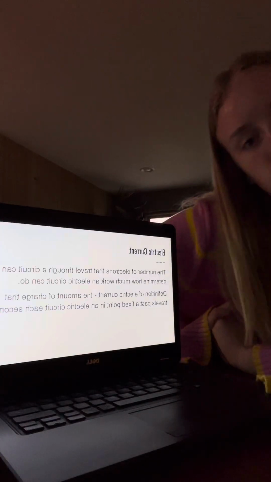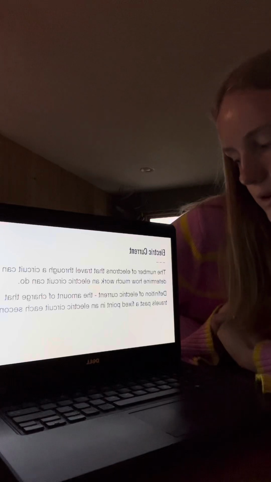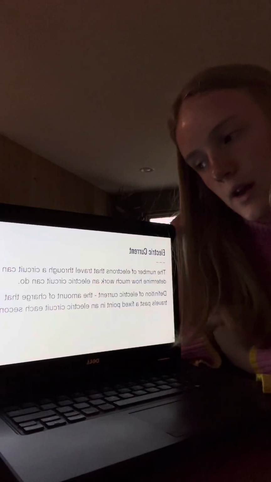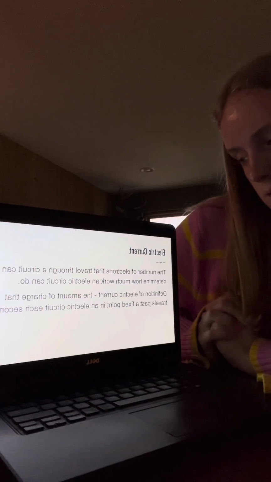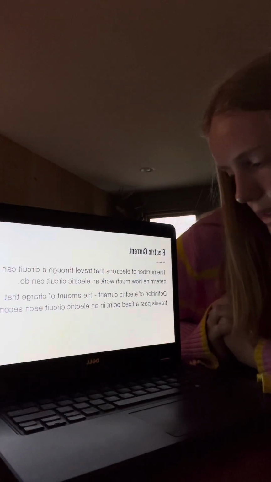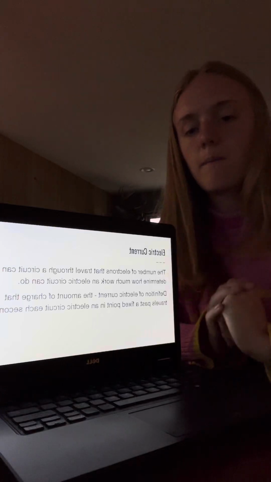And then for electric current, the number of electrons that travel through a circuit can determine how much work an electric circuit can do. The definition of electric current is the amount of charge that travels past a fixed point in an electric circuit each second.